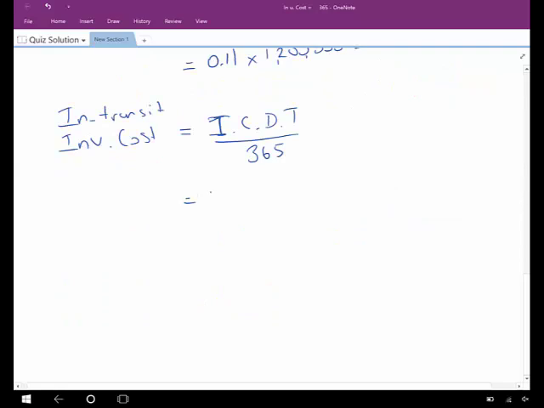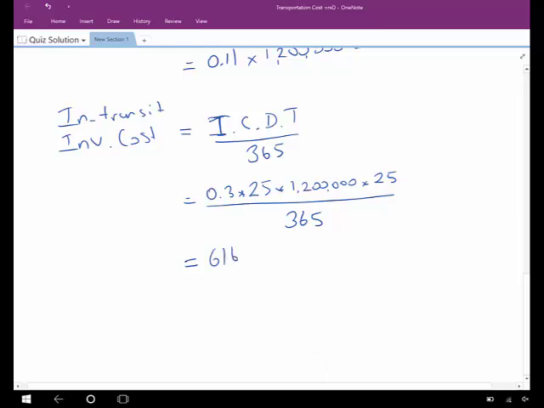That is 0.3 times C, which is $25, times demand of 1.2 million pounds, times T for the rail, which is 25 days, divided by 365, and that turns out to be $616,438 and some change.